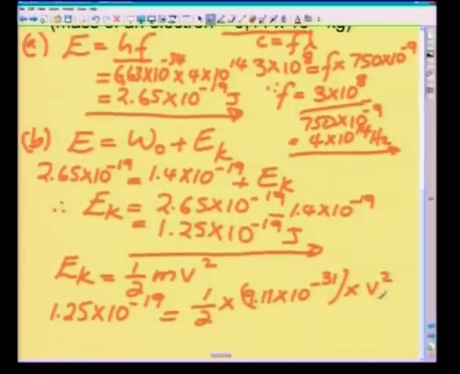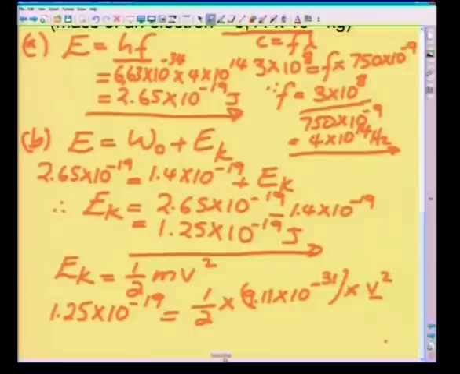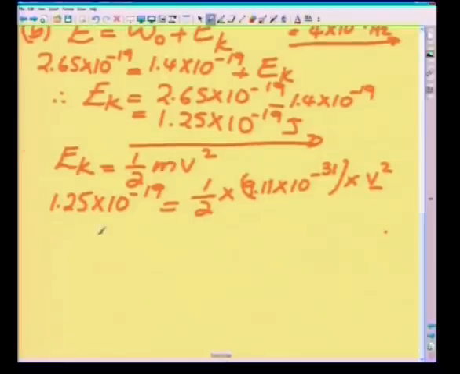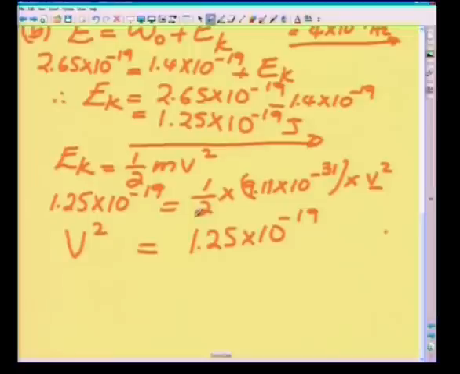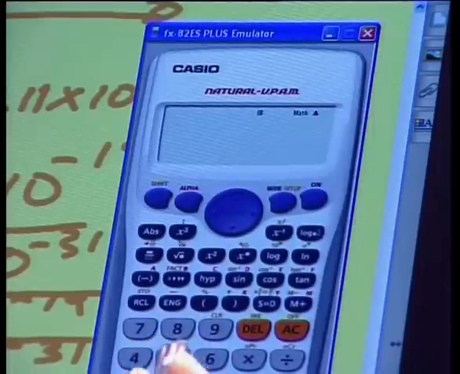In other words, we're looking for V, so we'll leave it at that point. We can do this quickly. You can work it out. We can say V squared is therefore equal to 1.25 by 10 to the power minus 19. This one must be divided by 2 if you want to, so let's just quickly do that by using our calculator.